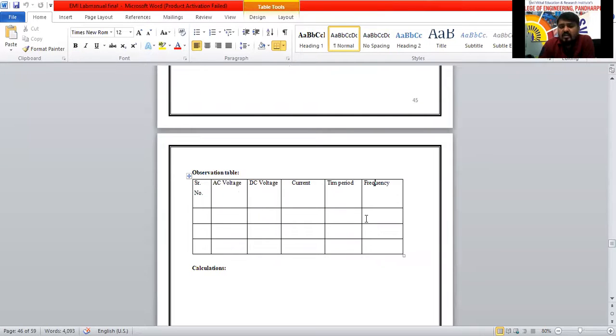We can measure all these things, but we don't have a function generator. So we can measure DC voltage, and by adding some resistance, we can measure the current also.